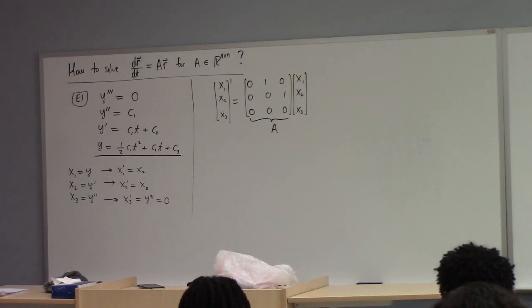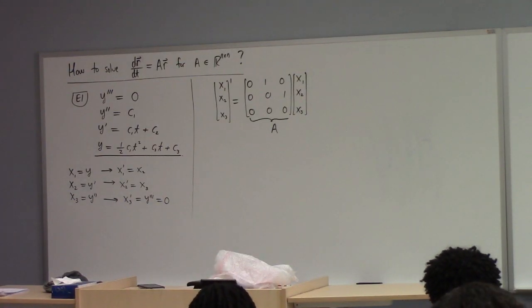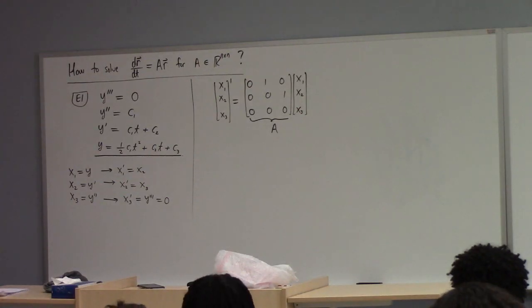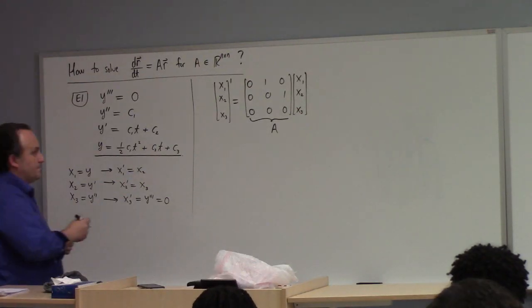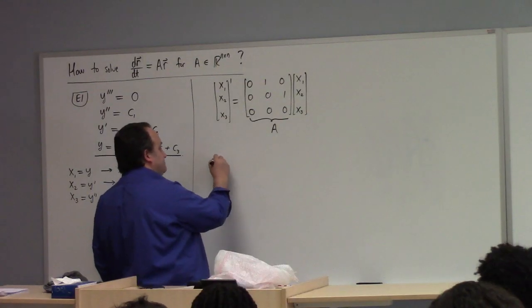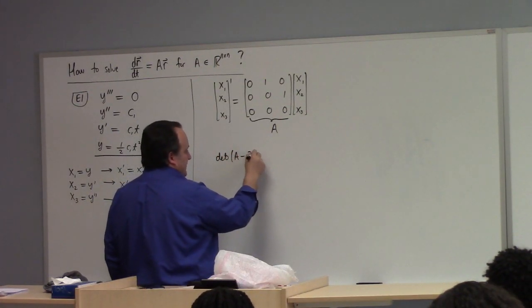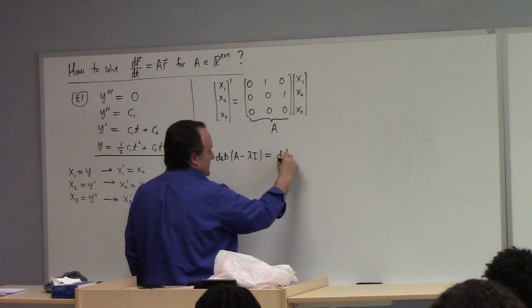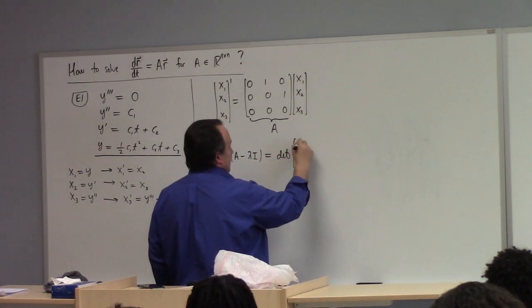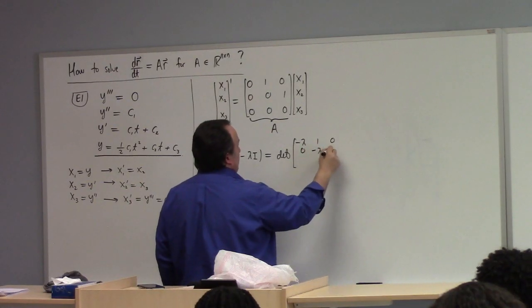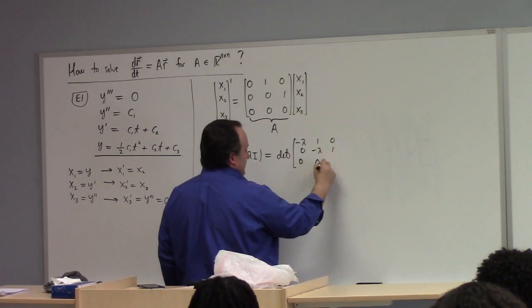Using reduction of order, we can do our usual eigenvector thing on this, right? What's the determinant of A minus lambda I for this? Well, I've got minus lambda, 1, 0; 0, minus lambda, 1; 0, 0, minus lambda.